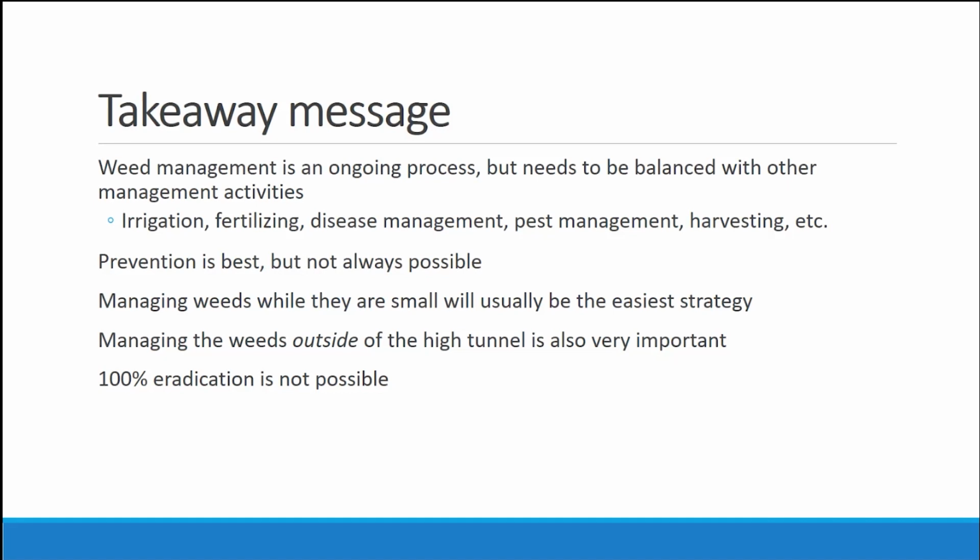There have been a lot of instances where it's like a jungle, and I'm having to bushwhack my way through the entrance of a high tunnel, because I think people view that as not as important, and it really is. And just keep in mind, don't be too hard on yourself. 100% eradication is really not a reality. So just do what you can.